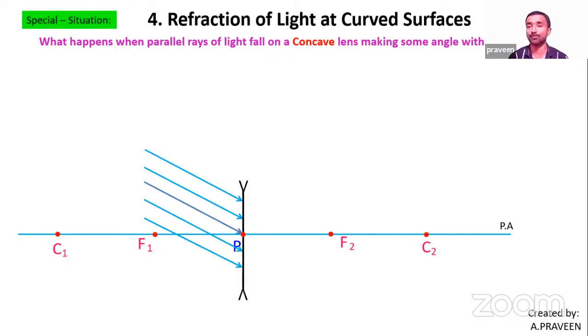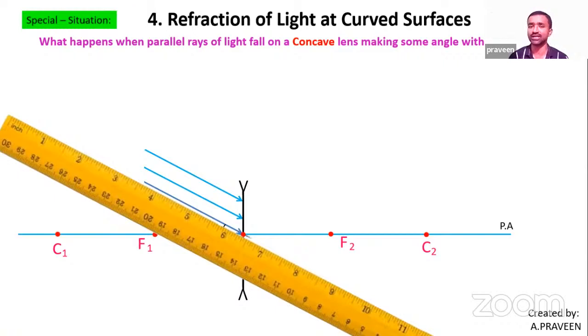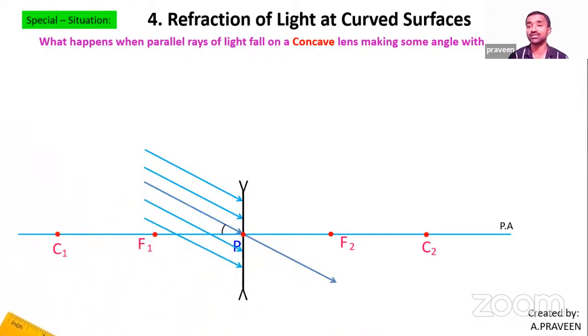So now what happens? As we learned in situation number 2, when a light ray passes through the optic center, it does not refract, does not deviate, so it goes straight. So simple, that light ray we can use: place your scale as you see on the screen, then extend it. Then go for the focus.